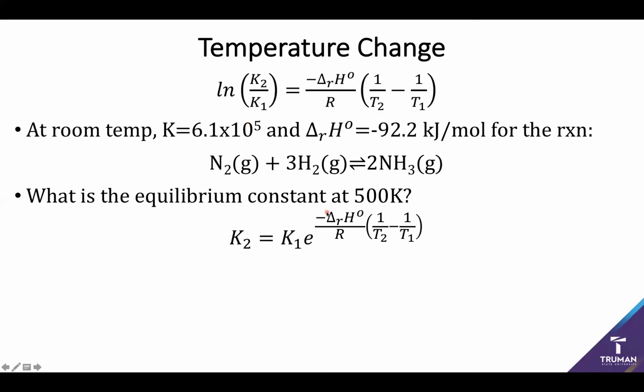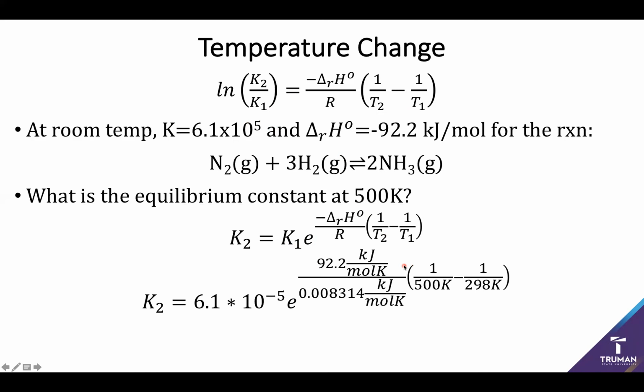At this point, we get a fairly useful modification of the Van Hoff equation, where my equilibrium constant at my new temperature is equal to my equilibrium constant at my old temperature times the exponential of, again, this variance with temperature.